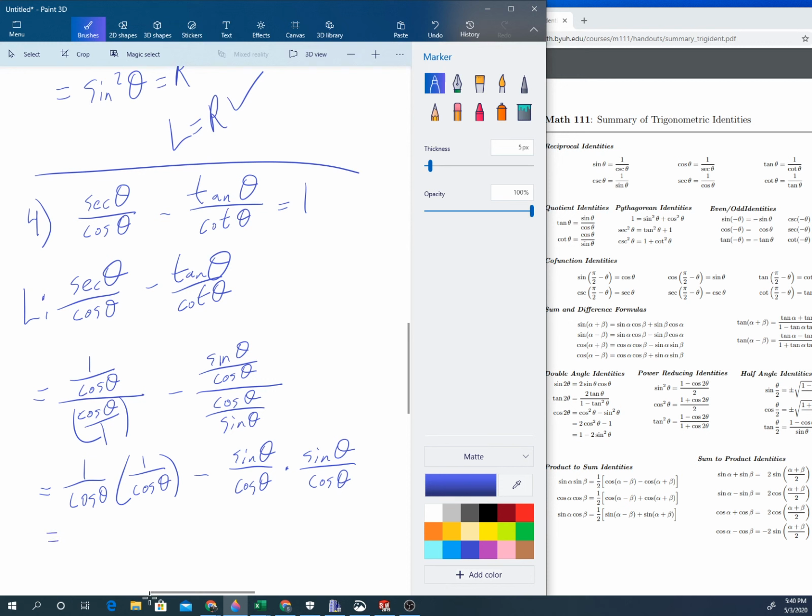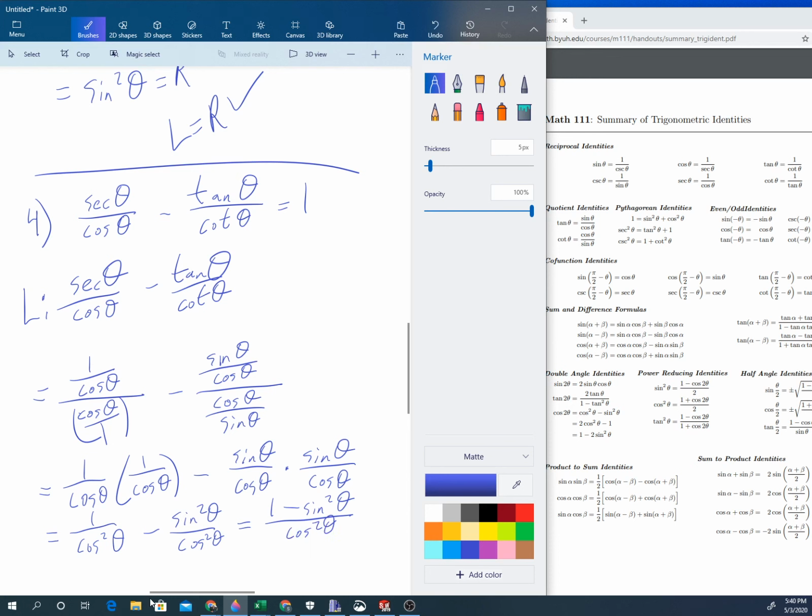And what I love about this is I can already see I'm going to have common denominators just come out of this. We've got a cosine squared here. We have a sine squared over a cosine squared here. And since they already have a common denominator, that's 1 minus sine squared theta over cosine squared theta.